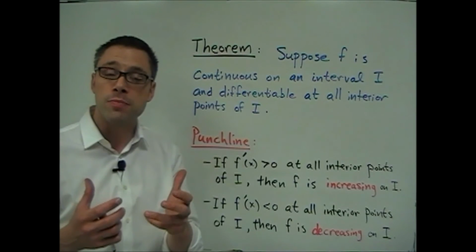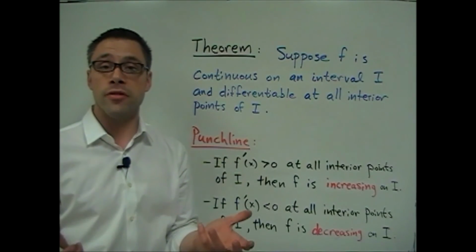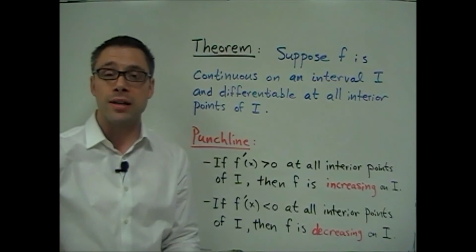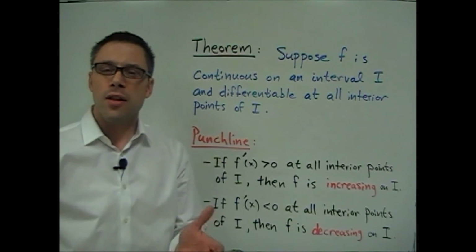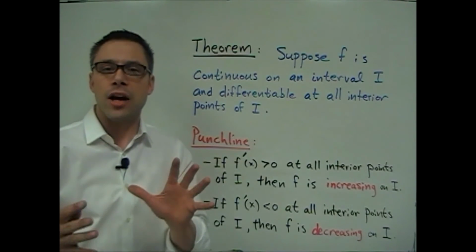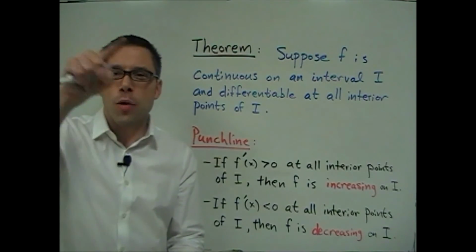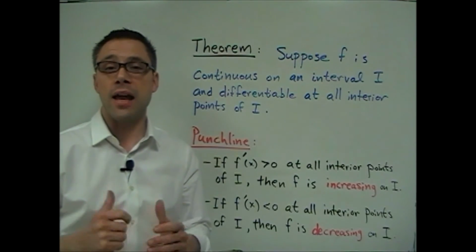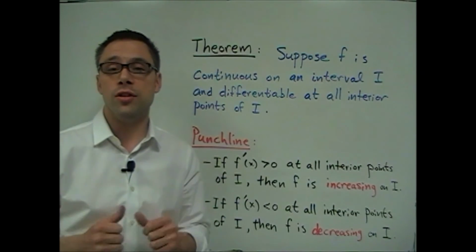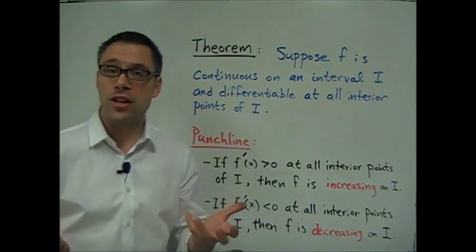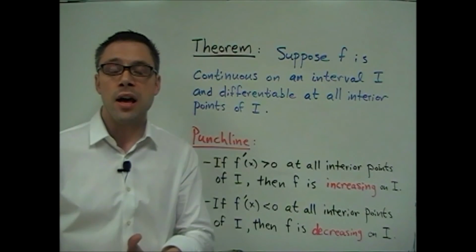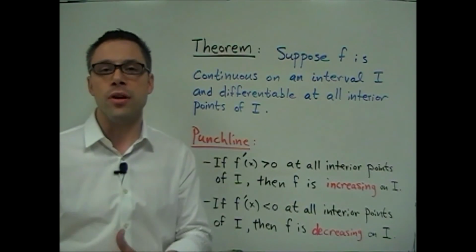And we came up with this by just looking at the picture of a function. We saw the function was going up and going down, and we just noted the geometric connection between the function going up and down and the slopes of tangent lines. Okay, and we know that has something to do with calculus. So now we know there's a connection between calculus and the increasing and decreasing of a function.